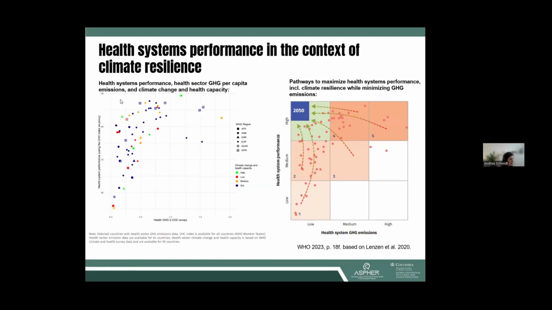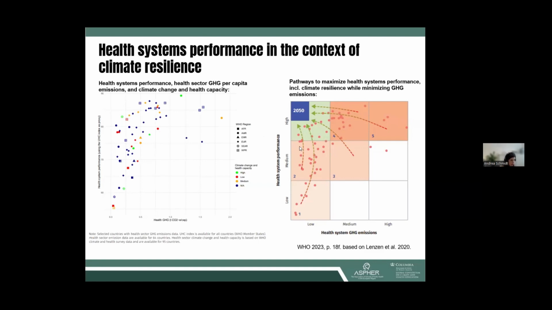So the higher your country is here, the better it performs on the health system overall. And we can see that there is a link with greenhouse gas emissions, but it's not a very straightforward relation. So I think it would be quite interesting to look into how this relationship can actually be defined.